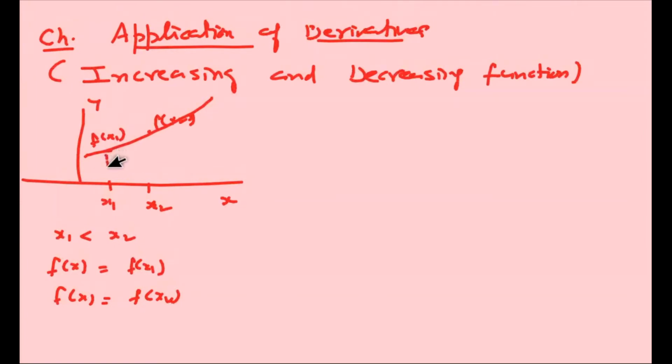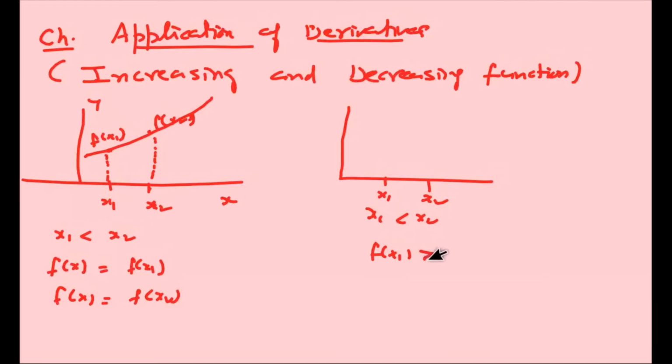This f(x1) is less than this f(x2), and it may be this way, that x1 is less than x2, and it may be seen that f(x1) is greater than f(x2). The graph may be this way.